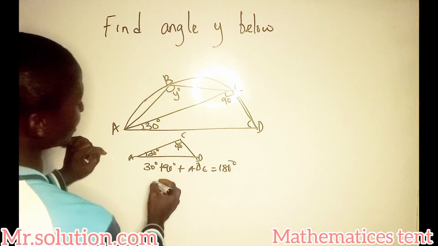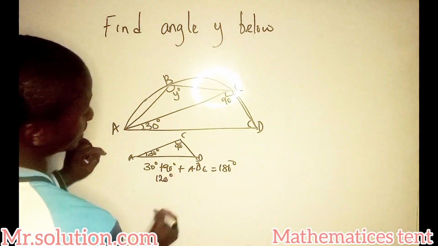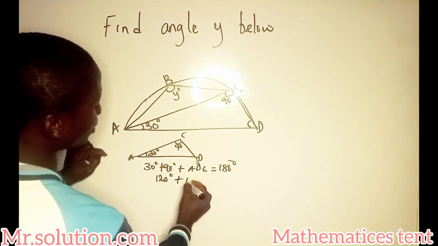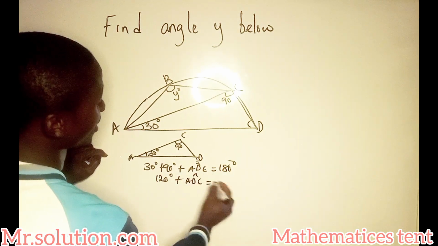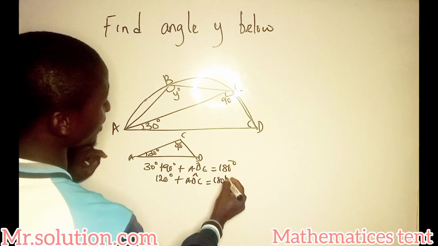Now 30 plus 90 gives 120 degrees, then plus ADC equals 180 degrees.